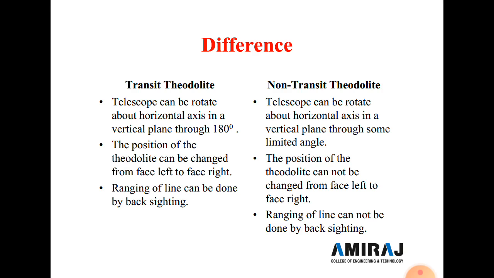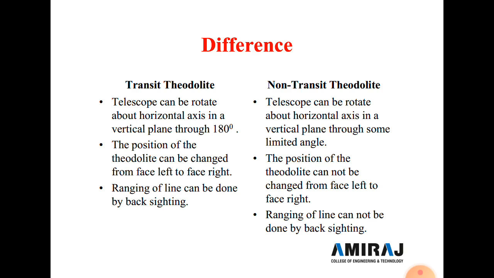So what is face left and face right? If the vertical circle is on the left side of the telescope, it is known as the face left position of the theodolite, and if the vertical circle is on the right side, it is known as the face right position. In a non-transit theodolite, the position cannot be changed from face left to face right, because the telescope cannot be rotated in a vertical direction about the horizontal axis.